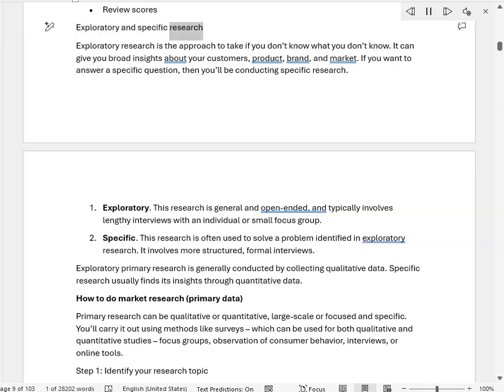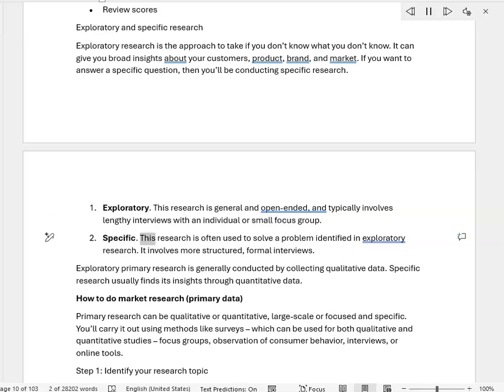Exploratory and specific research. Exploratory research is the approach to take if you don't know what you don't know. It can give you broad insights about your customers, product, brand, and market. If you want to answer a specific question, then you'll be conducting specific research. Exploratory. This research is general and open-ended, and typically involves lengthy interviews with an individual or small focus group.